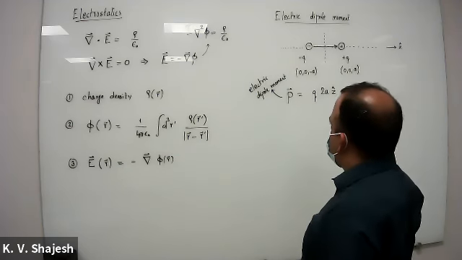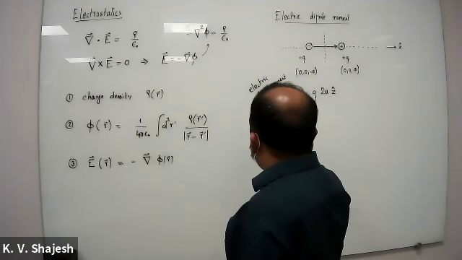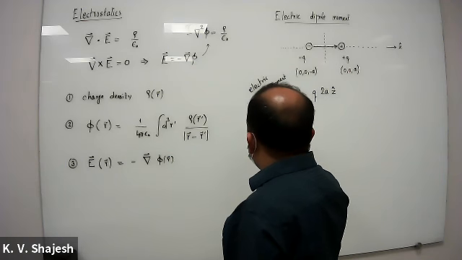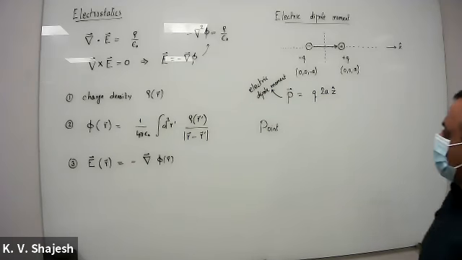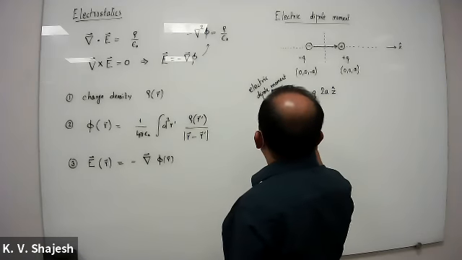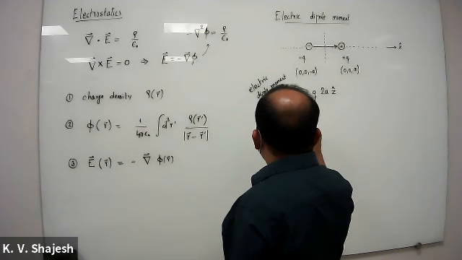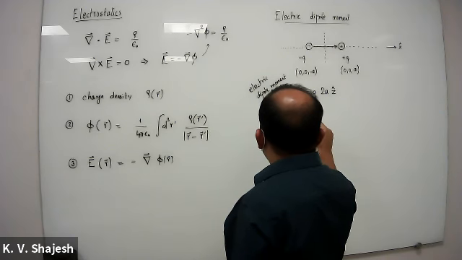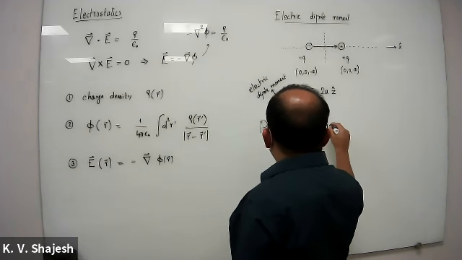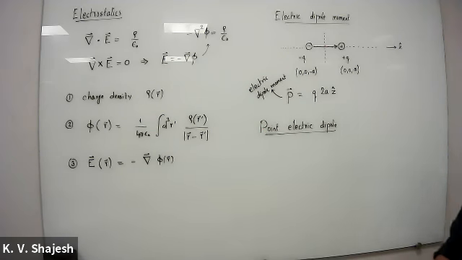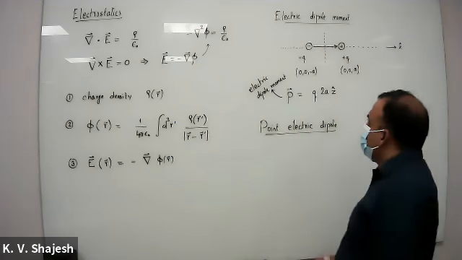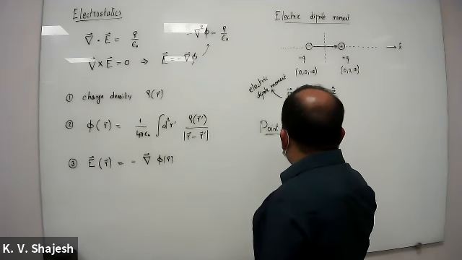There is a finite distance between them, and immediately we can define an extreme limit of this, and think of what is a point electric dipole. What we want to do is take the limit 2 times a going to 0.